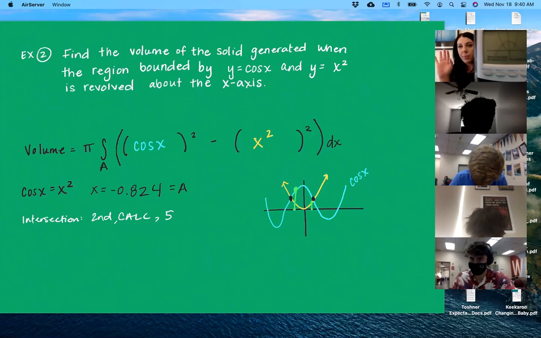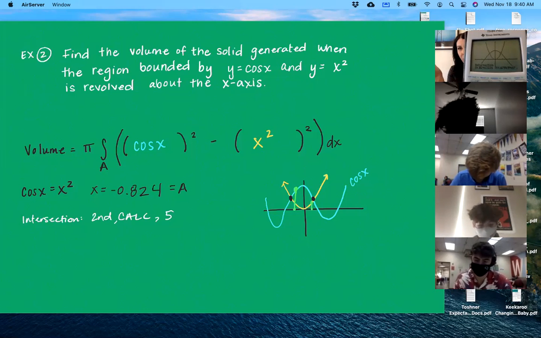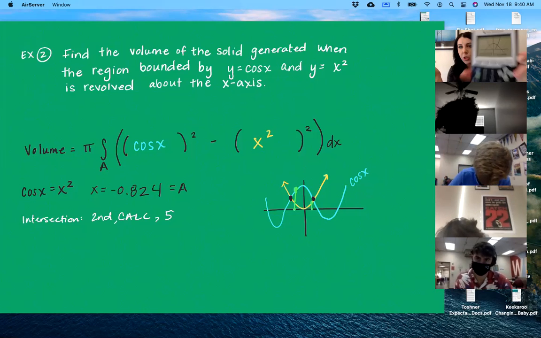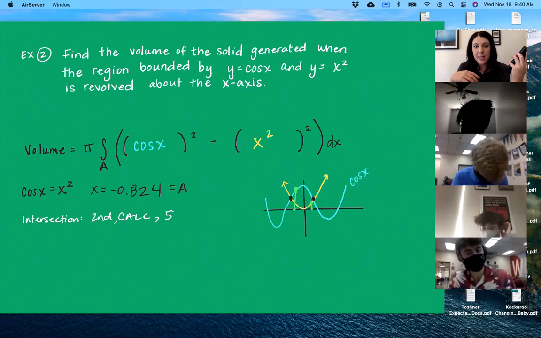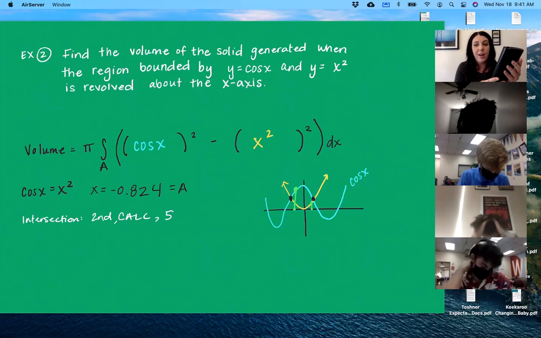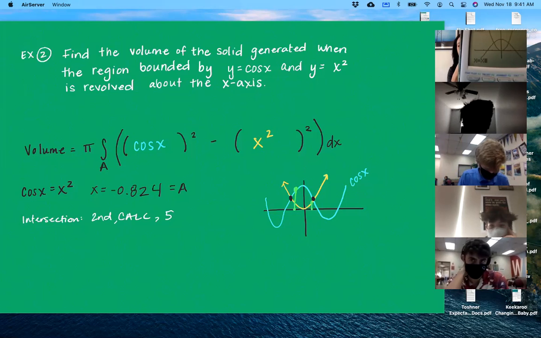Now this is an even function, or a symmetrical function about the y-axis. So it's just the positive value of the other one. But I want to make sure we can practice this and do our X equals X again. Okay, so right here, you're going to store that value. Some of you look like I've lost you. We're going to store it into our X temporarily.